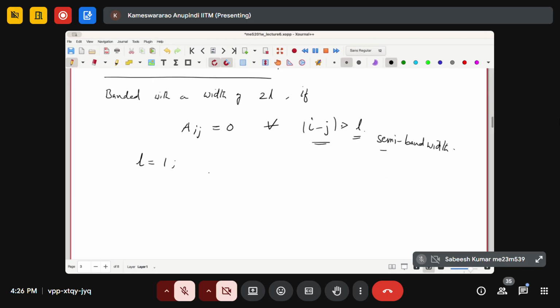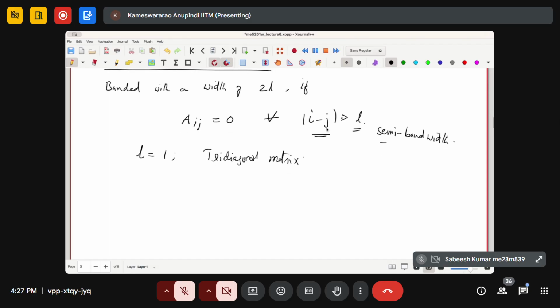Such a matrix, for L equals 1, is known as a tridiagonal matrix. That means only for i equal to j, or i equals j plus 1 or j minus 1, or the other way around, j equals i plus 1, it will contain non-zero elements.